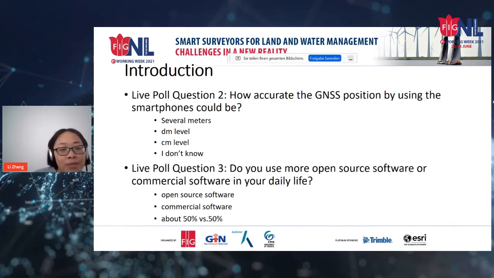The third poll question is, do you use more open source software or commercial software in your daily work? The first option, more open source software. Second, more commercial software, or about 50%. I think you have enough time to do your polls, and I will come back to the results at the beginning of the panel discussion.